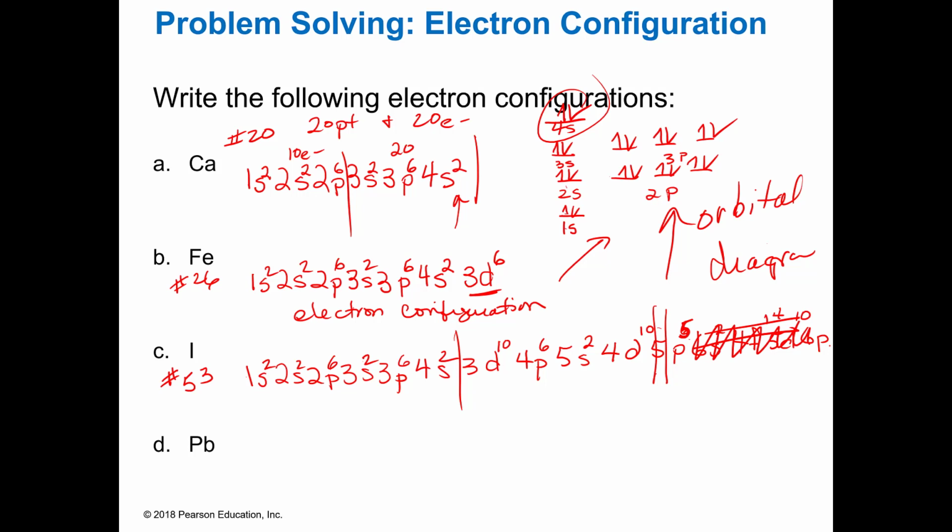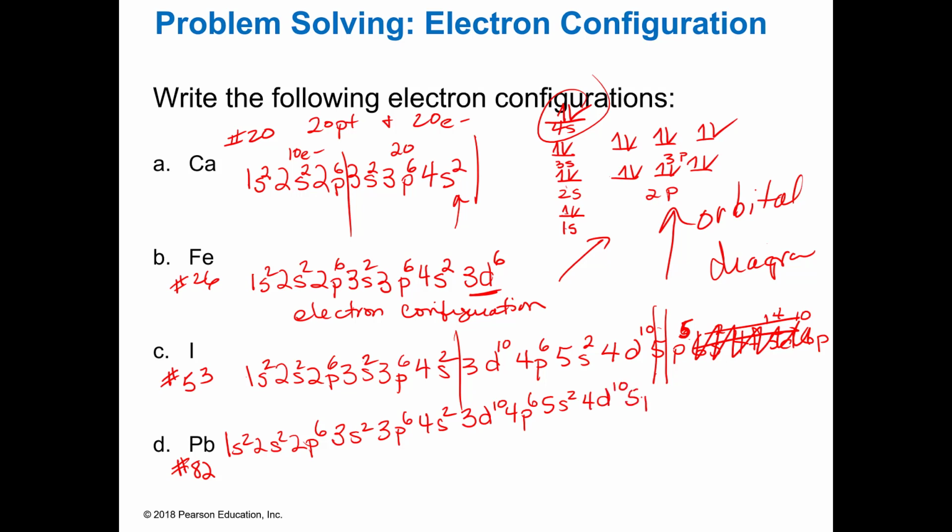All right. Oh, lead. Lead's big. Okay, lead is 82. 2p6, 3s2, 3p6, 4s2, 3d10, 4p6, 5s2, 4d10.